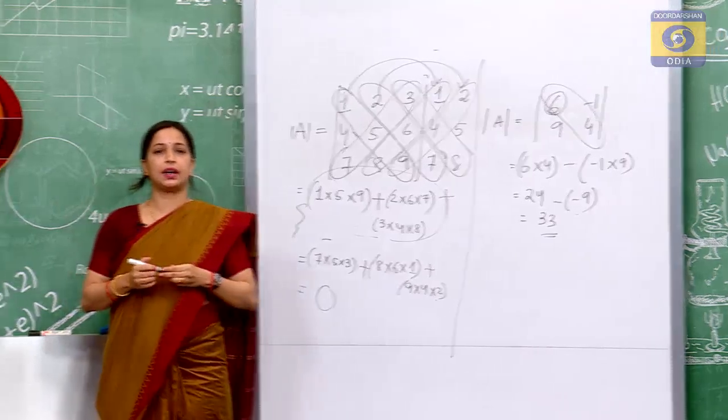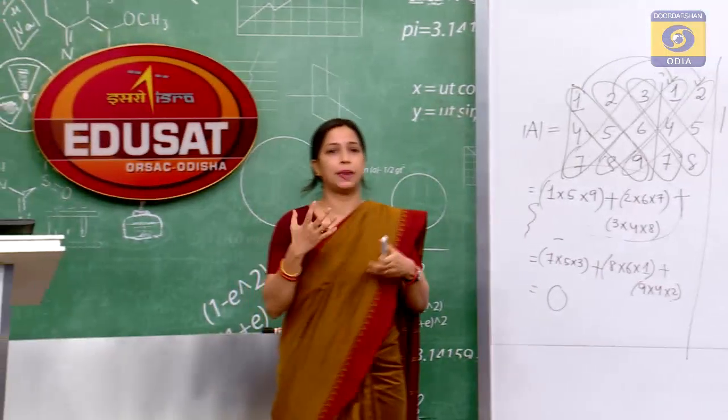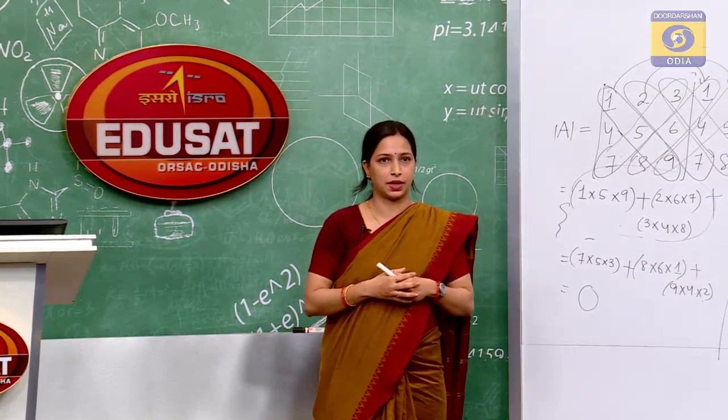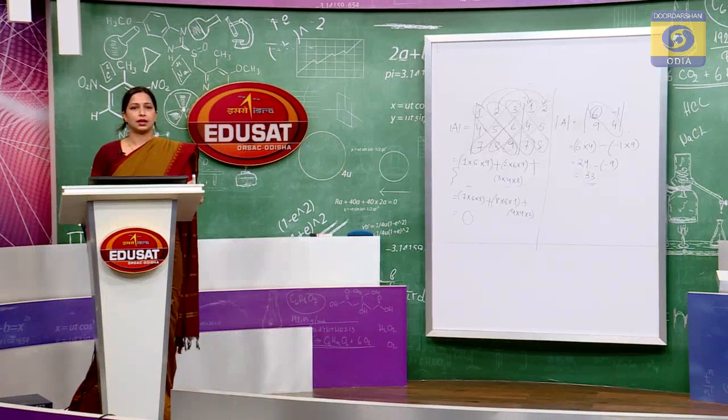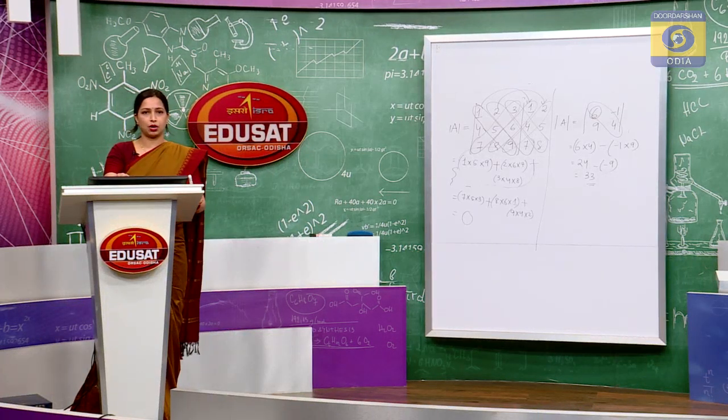So, we can take a look at the next slide to have a better understanding of the Sarrus expansion method. So, let us take a look at the slide. Let us say we have the determinant A, B, C, D, E, F, G, H, I. So, what is the first step? The first step is we repeat the first 2 columns and add it to the determinant to make it 5 columns. So, first 2 columns are repeated, as you all can see.